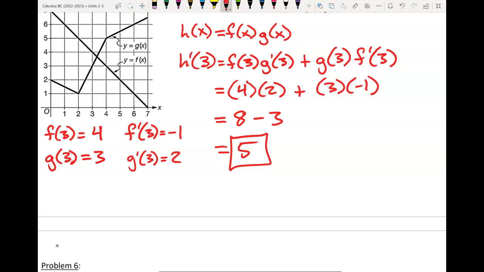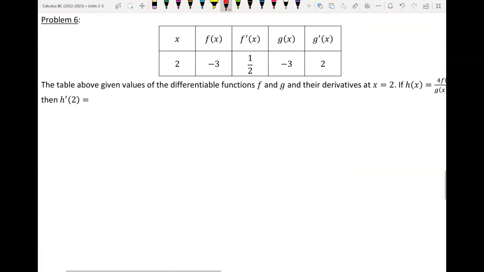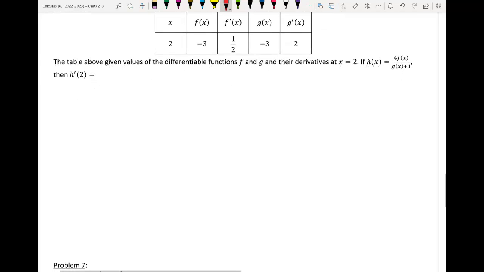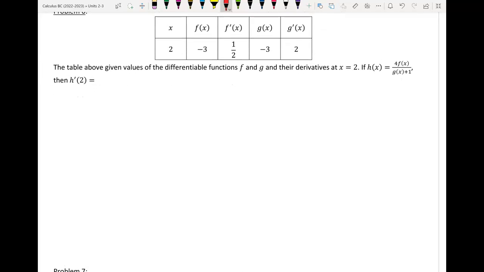Continue. You have problem 6 and problem 7. All right. Just looking at the time, let's go ahead and do these quickly together. So we have h of x, and we want to find h prime of x. That's going to be our quotient rule, right?